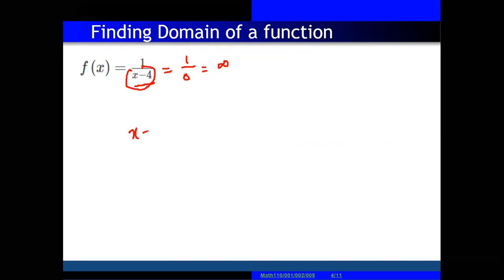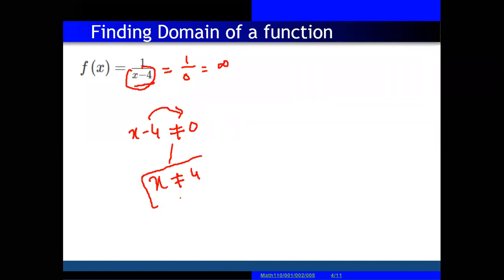Like x minus 4 must not equal 0. All values are possible, negative possible, positive possible. Sorry, x minus 4 not equal to 0. So if you transfer this, x is not equal to plus 4.